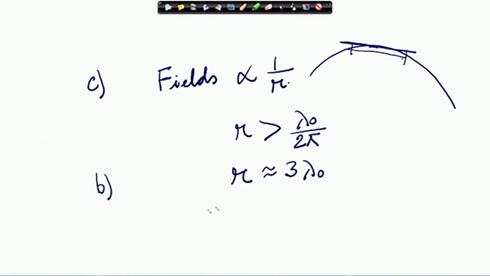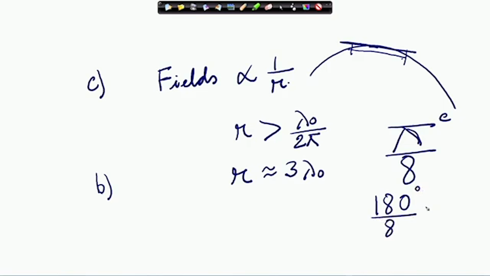There is a criterion that the permissible error is restricted to, let us say, pi by 8 radian, that means 180 by 8 degree, which is 22.5 degree. Up to this if we commit the error, at what distance does this happen?